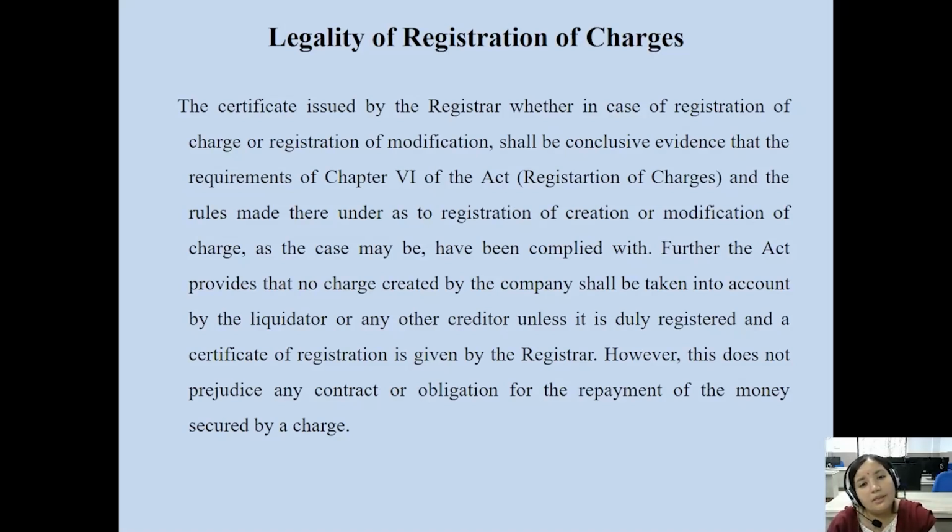In that case, the bank can use that particular certificate of charge to be presented in the court of law as a mode of evidence, documentary evidence, that the charge has been created over this property of the company, and that charge can be used by the bank because of non-payment of the amount due, non-payment of the amount of interest by the company.